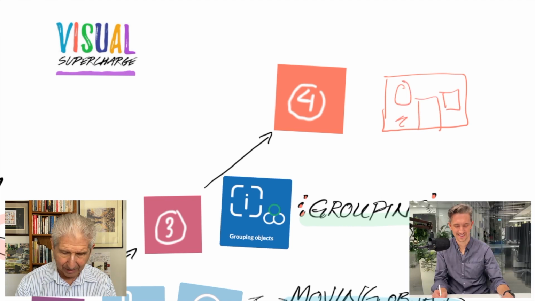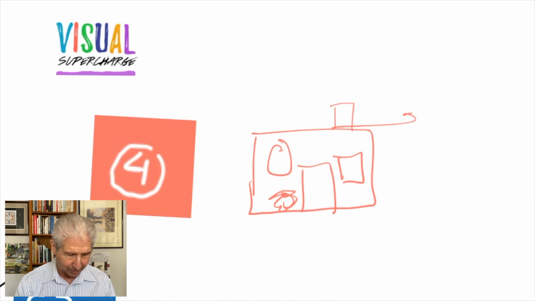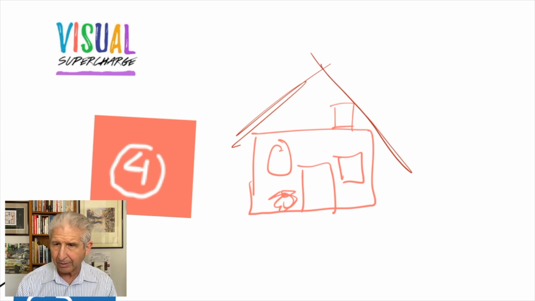We're going to design the front of a house. Okay. Nice one. And we get our house looking pretty good, and we think, oh, I really want to share that with my boss or my coworker. How do I send it to them?